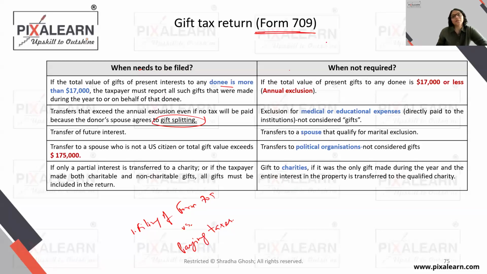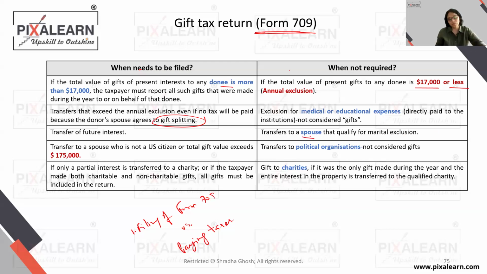Okay. So remember, in this, the bigger part is who needs to file the return and who needs to pay taxes. Remember, if I'm gifting somebody less than $17,000 per person per year, no reason to file the gift tax return. Also, if I'm giving some gift directly to a medical institute or the educational institute, remember, not to the person, but to the institute directly, irrespective of the amount, I don't have to file the gift tax return.